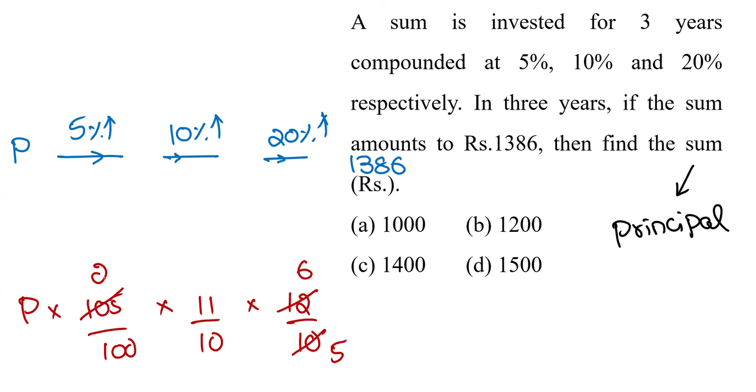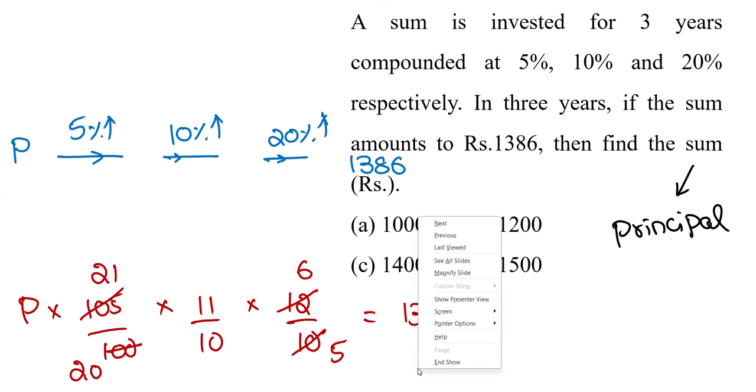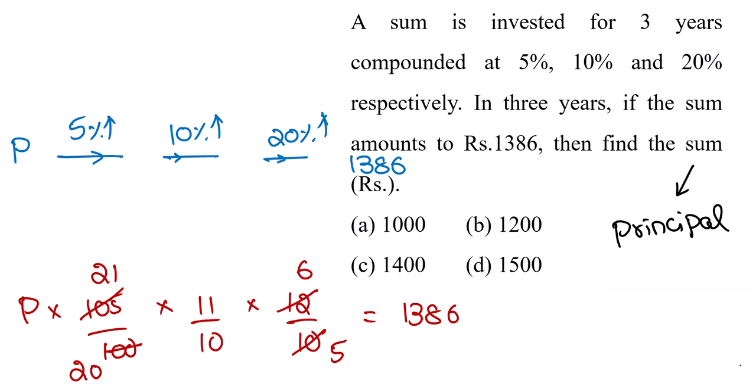This is 21 divided by 20. All this should be equal to 1386. Now if you cancel the right side and left side, we can find the answer. So this is 11, 126 times, 21 6 times, this 6 cancels, 20 into 500, 100 into 10,000, principal will be equal to 1000.